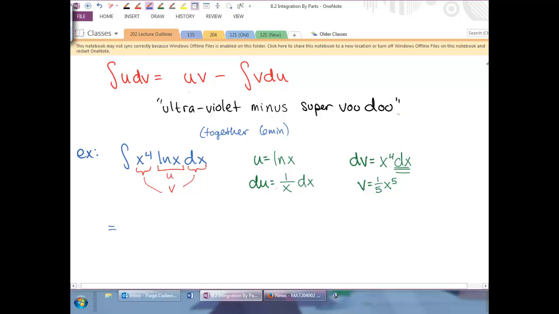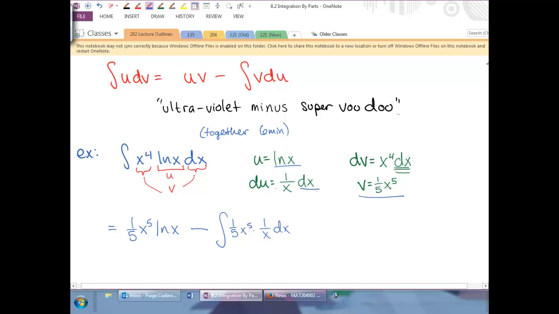So I'm going to have first uv. If I multiply the u and the v together, I've got 1/5 x to the 5th times the natural log of x, minus my super voodoo, so the integral of v du, so that's a 1/5 x to the 5th times 1 over x dx.